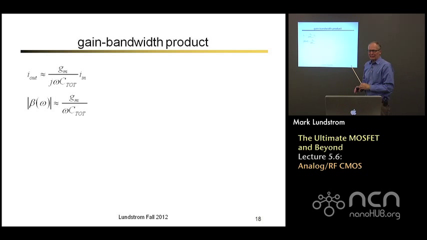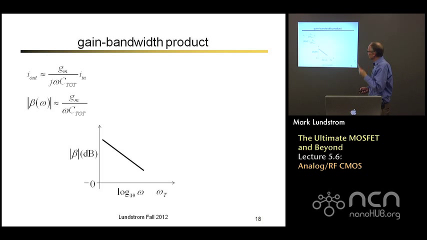The overall current gain ends up being a simple relation that's very intuitive. It increases as the transconductance increases, and it drops as the capacitance increases. Capacitors slow it down, transconductance improves it.